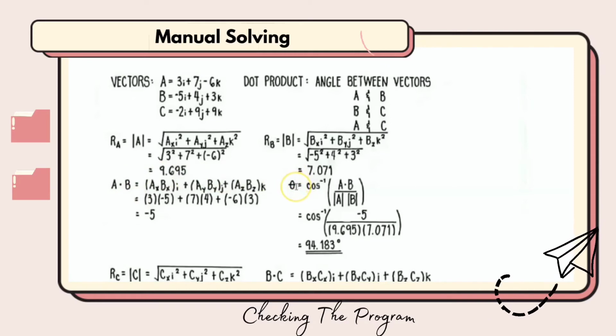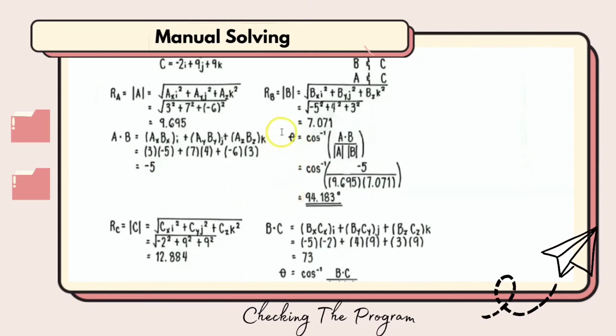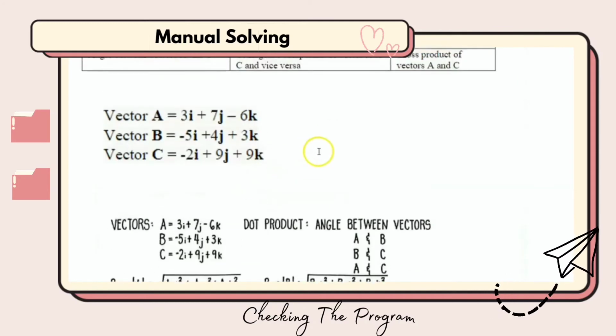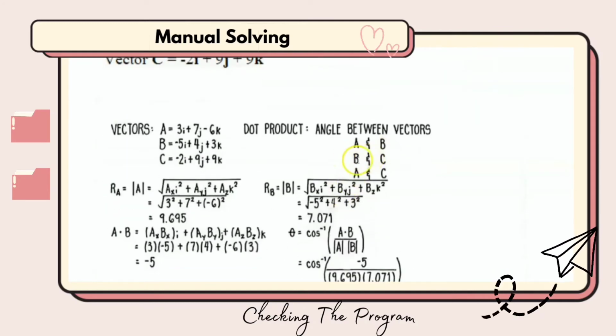In getting the angle between vectors, the formula is theta equals inverse cosine of vector A dot vector B over the magnitude of vector A times the magnitude of vector B. Substituting the givens and solving, you get 94.183 degrees. So that is the angle between the two vectors.